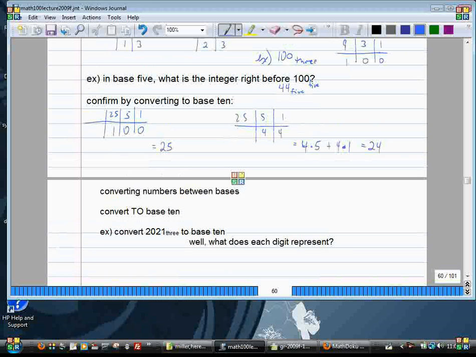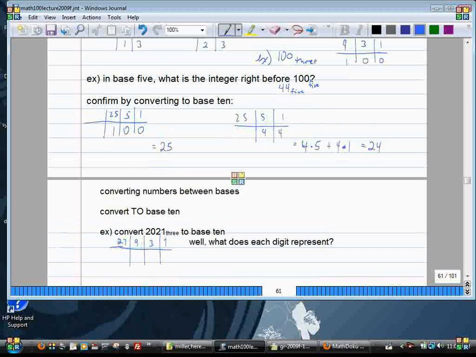What's the smallest place value in base 3? 1, and then 3, and then what's next? 9. Right, 3 squared, which is just 9. We're going to write it like that from now on. And then next, 27.